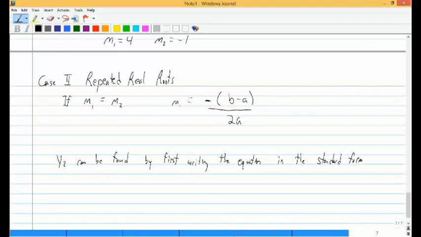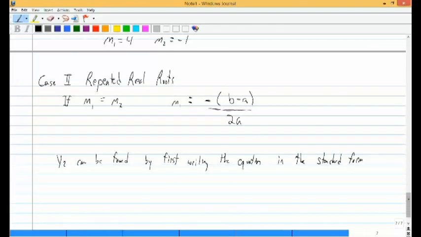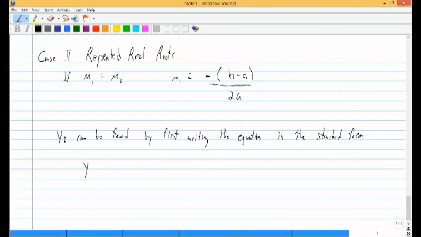Remember what standard form is. Standard form is where you get the second derivative by itself.